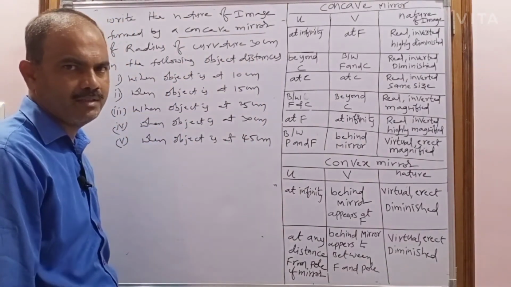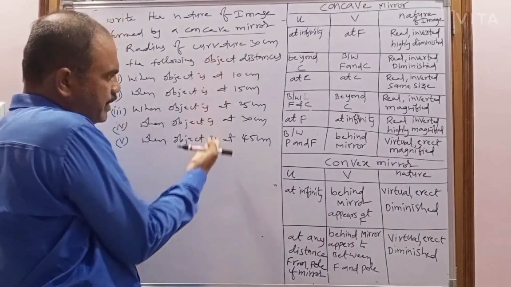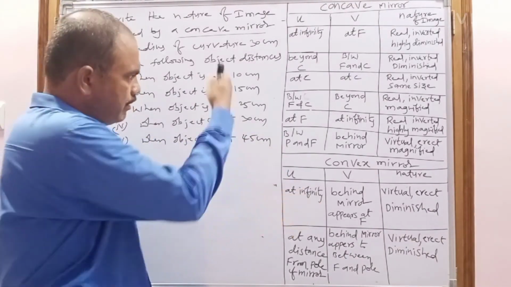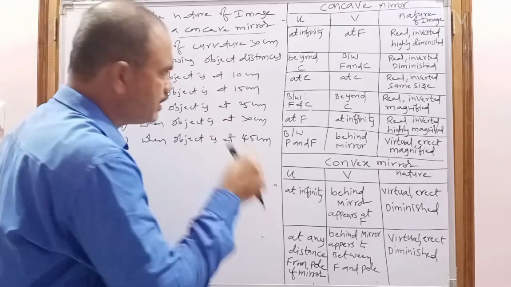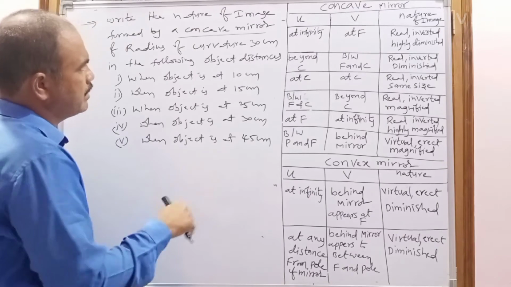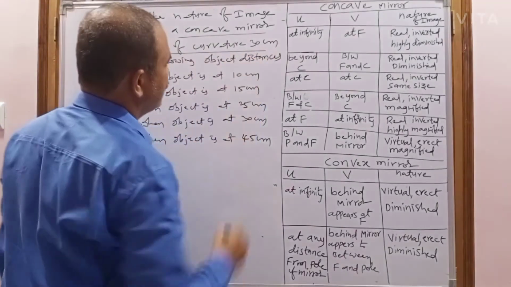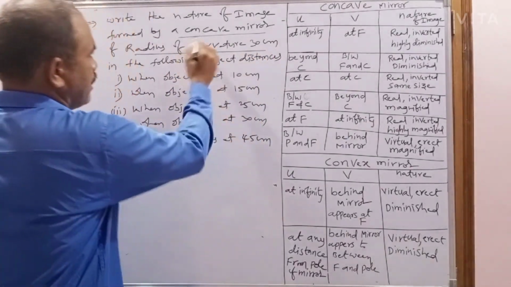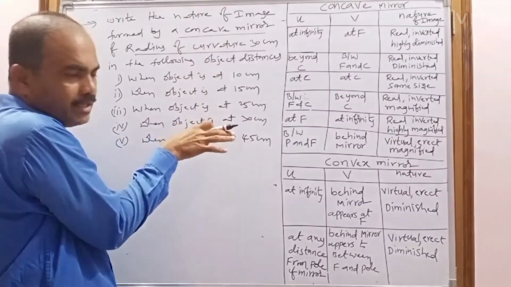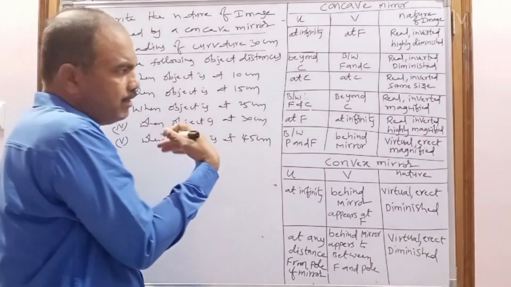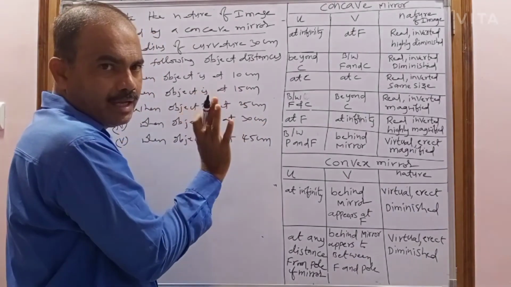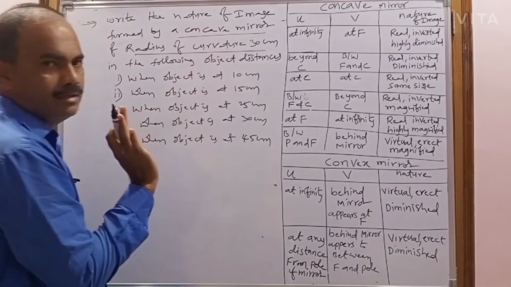After that, they will give different object distances. You can guess the image distance also. Object distance u is given. Next, whether the focal length or the radius of curvature is given. Here radius of curvature is given, so that's why it is a concave mirror. Radius of curvature is given, and different object distances are given. You have to draw the ray diagram corresponding to these object distances, as well as write the nature.